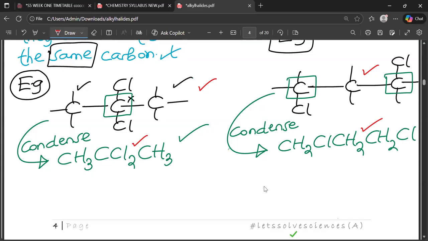Are we together? Okay, now my point of emphasis is on this. The carbons being, one carbon having both halo groups, then also when separate carbons have the halo groups, these things have names.